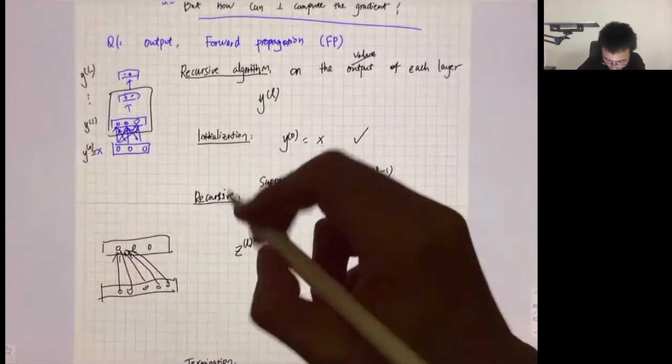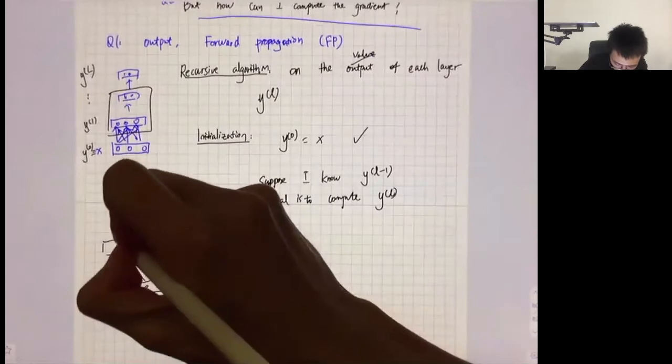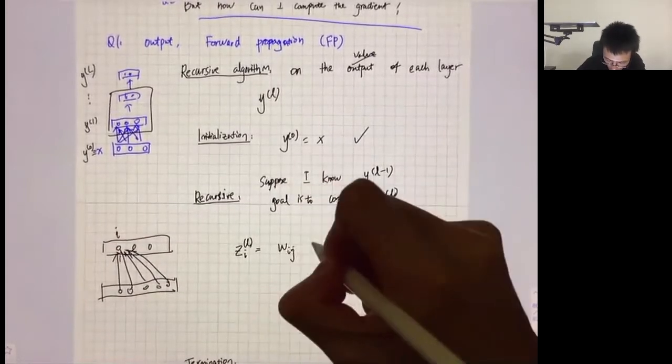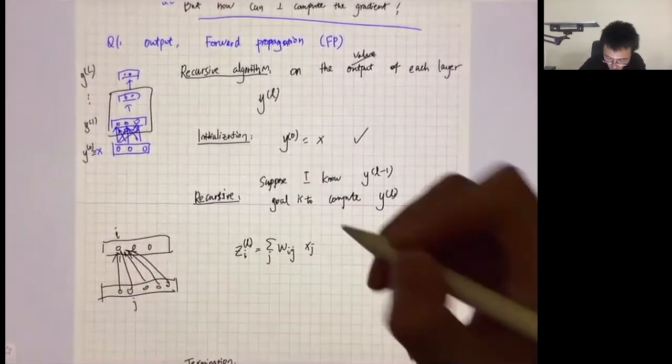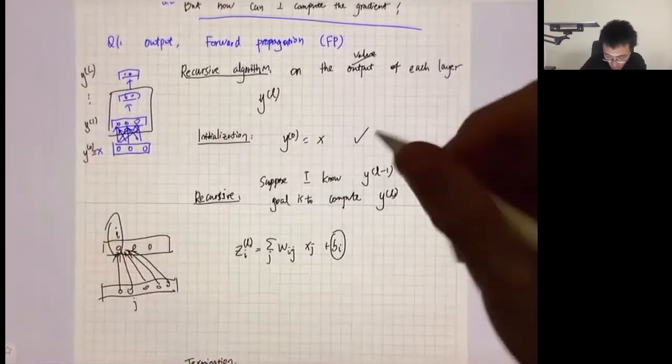Z for the nth layer, for node i, is the sum of Wij xj, where you take the summation over different j's, plus bi. The b is the bias for the ith node.